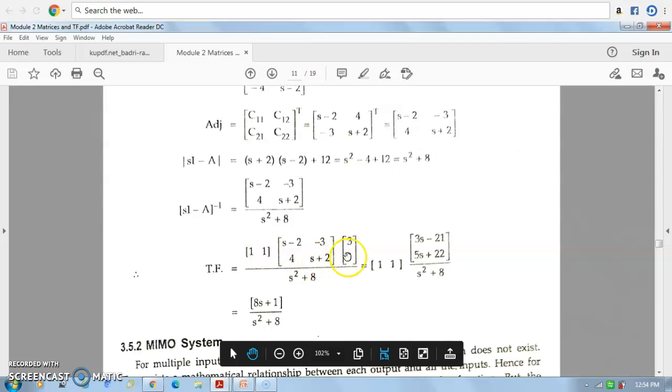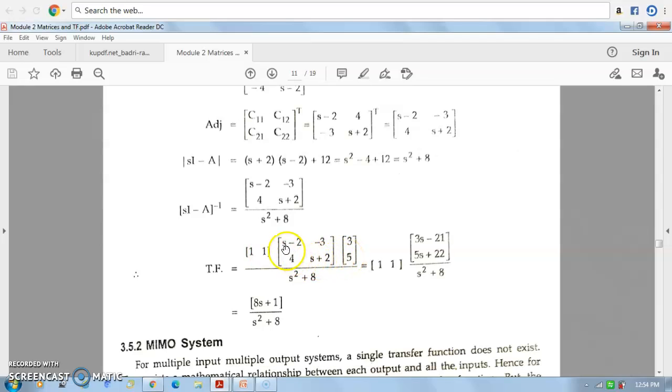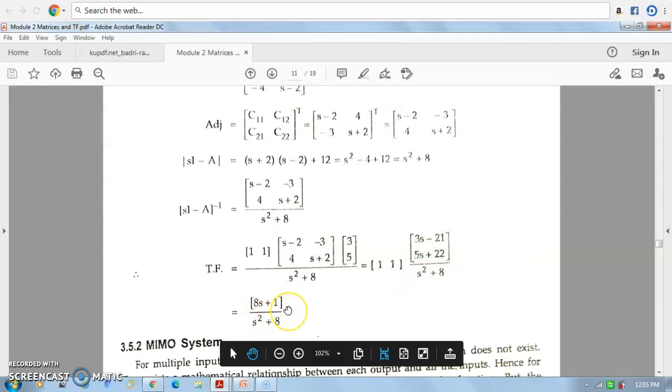If there is any confusion in the multiplication, you can ask me. See, s minus 2 into 3 gives 3s minus 6. Next, s minus 2 into 5. Add them and you get one element. Next, 4 and s plus 2 multiplied with 3 and 5, you will get this. Then multiply with the C matrix, and you will get 8s plus 1.